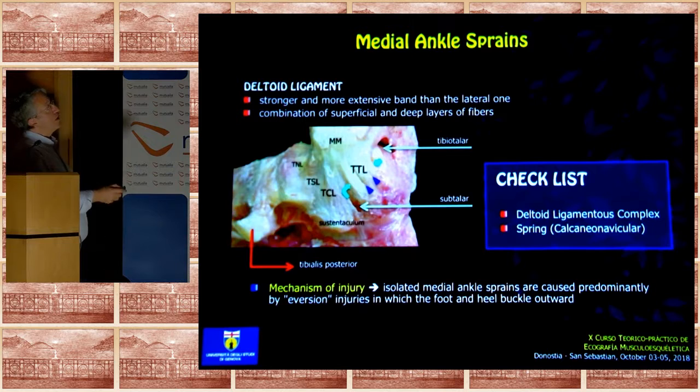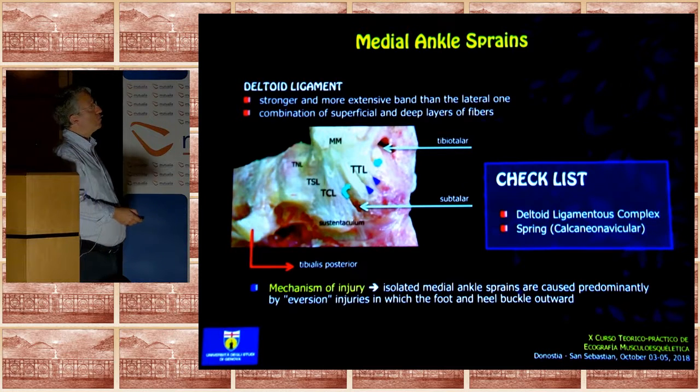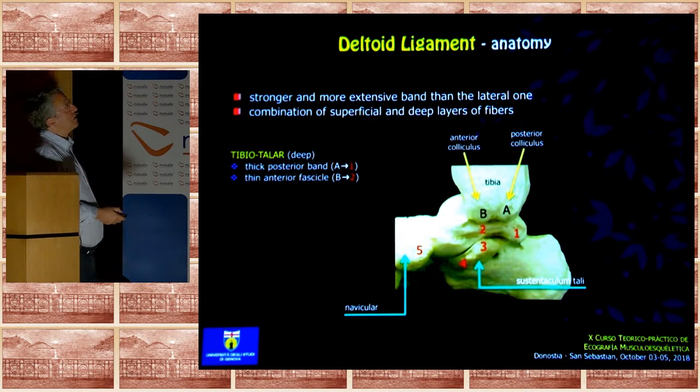Okay, so the injury of the deltoid is related to an eversion trauma, in which the foot and heel buckle outwards. And the most important thing to remember when you perform ultrasound is that the ligament includes a lot of fascicles.